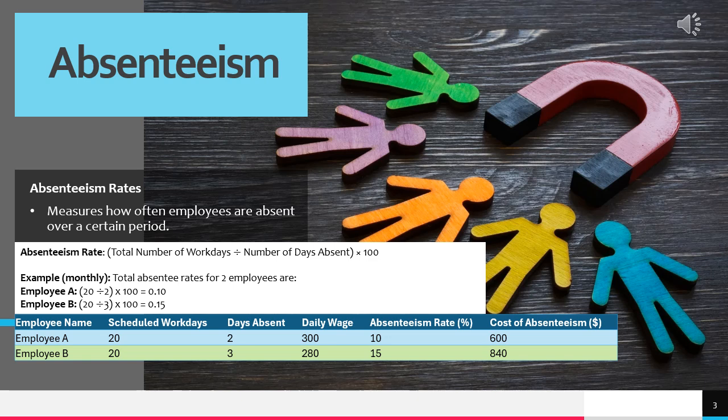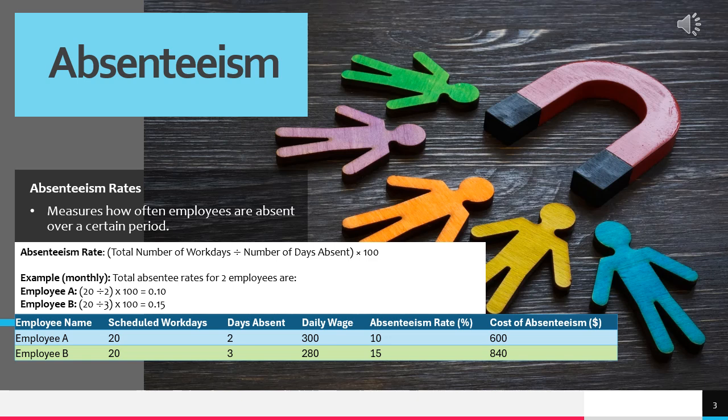Absentee cost analytics, on the other hand, quantifies the financial impact of these absences, including lost productivity and additional expenses like hiring temporary staff. Together, these metrics offer a clear picture of how absenteeism affects the company's bottom line and allow management to implement targeted solutions such as wellness programs or flexible work options to reduce absenteeism and improve overall performance.